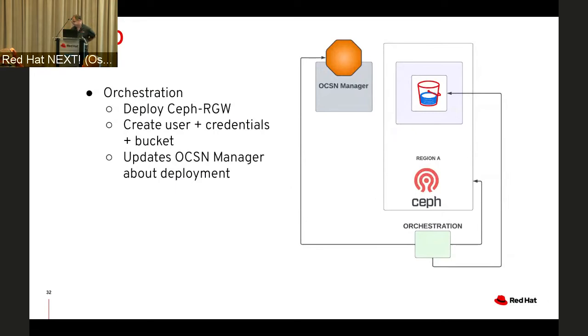As I mentioned, it's going to deploy Ceph from scratch, set up the Ceph RGW multi-site zone, create credentials for users to access, create a bucket, and then update the OCSN manager with information about all the entities that were created.